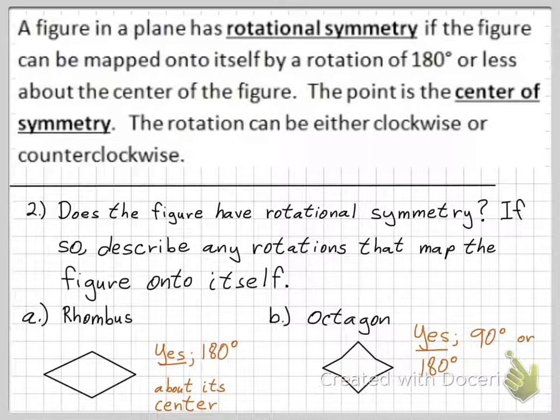And if I went 90 degrees, in other words, that just went to here, and this just went to here, and this just went to here, and this just went to here, it would look like this again. And those are the only degree measures for which rotating it about the center would make it have rotational symmetry.